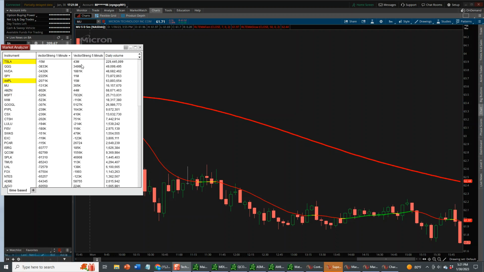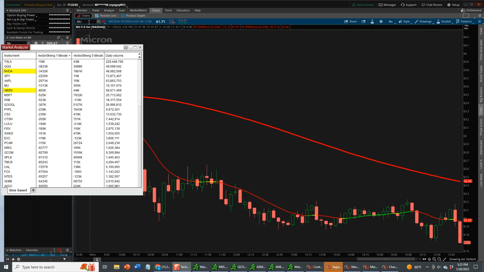But it's got 43 million vector strength units on a 5 minute cumulative. That means that the long-term trend on Tesla is long, and what we saw today was a retracement in that long-term trend. But the retracement was extremely strong.